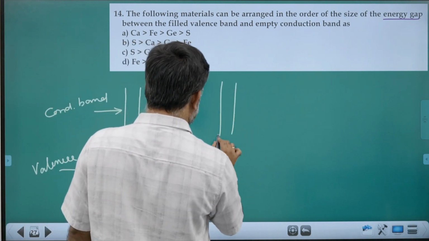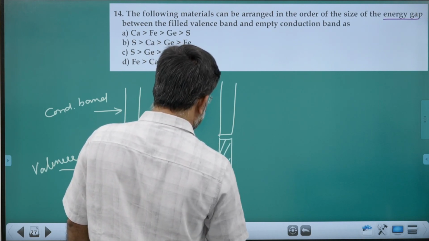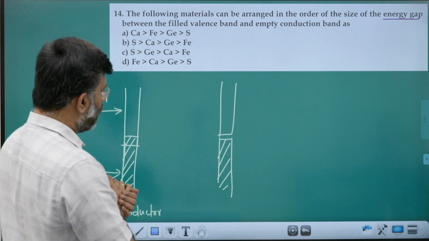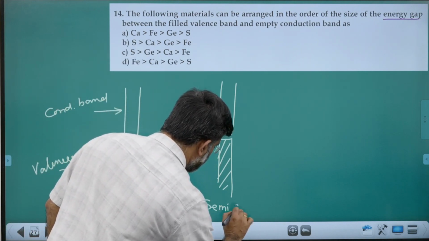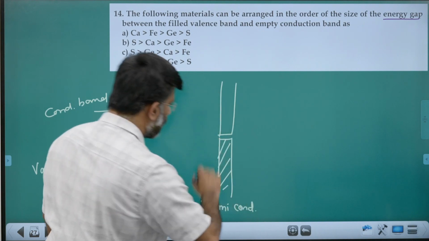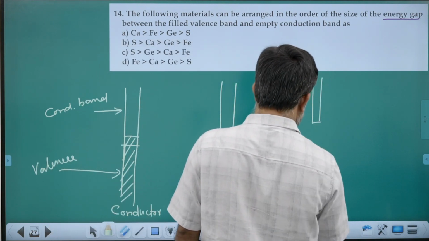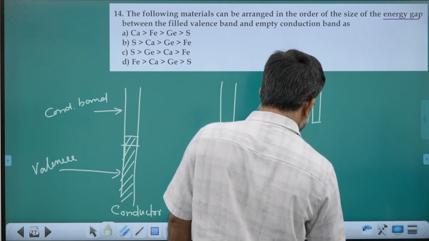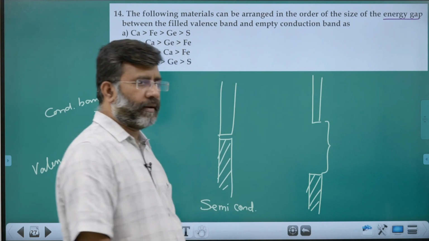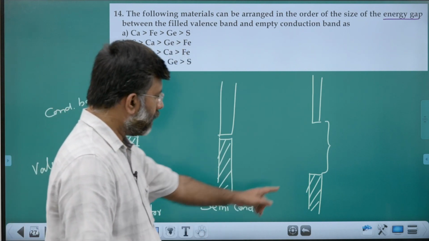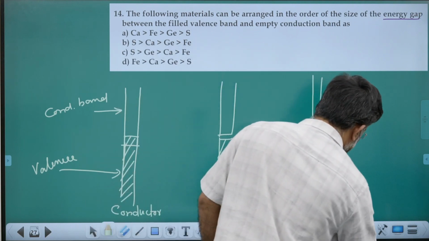While for semiconductors, all of you know it may come like this. There is a very small energy gap for semiconductors. What about insulators? Insulators, there will be a huge gap, a huge forbidden energy gap between the valence band and the conduction band.